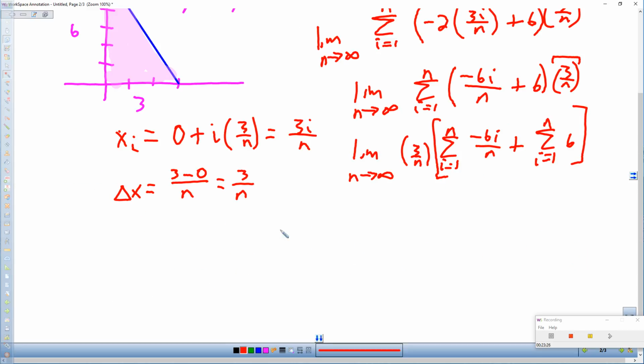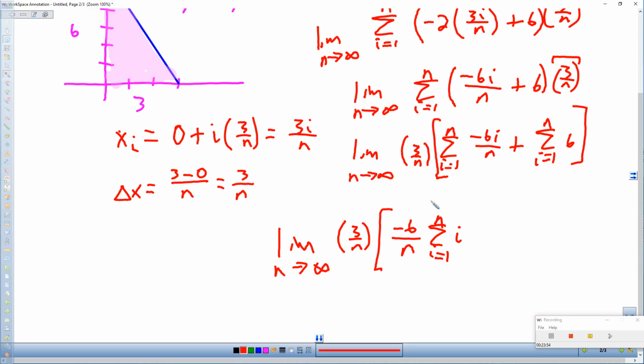Now let's see, continuing on, the limit as n goes to infinity of 3 over n times. Now, looking at this part, is there anything we can take out of it? Both the negative 6 and the n, notice, those aren't affected by i, so I'm going to rewrite it as negative 6 over n of the sum i equals 1 to n of i.